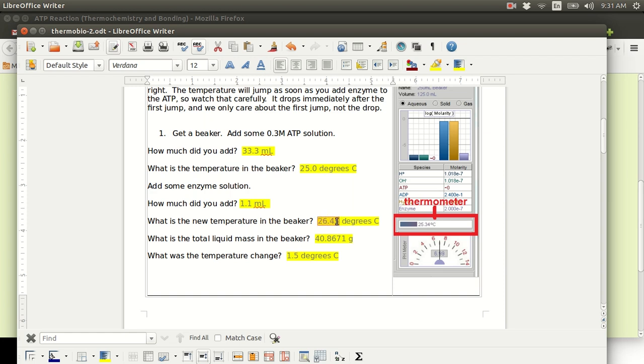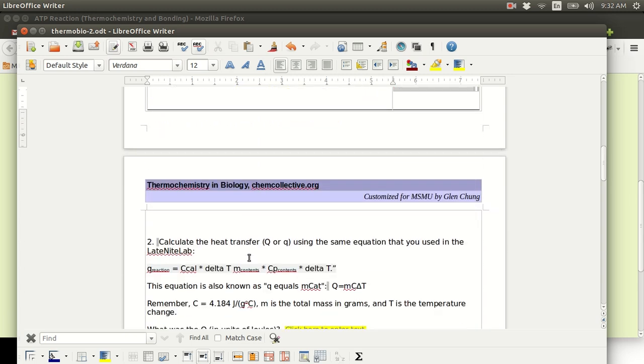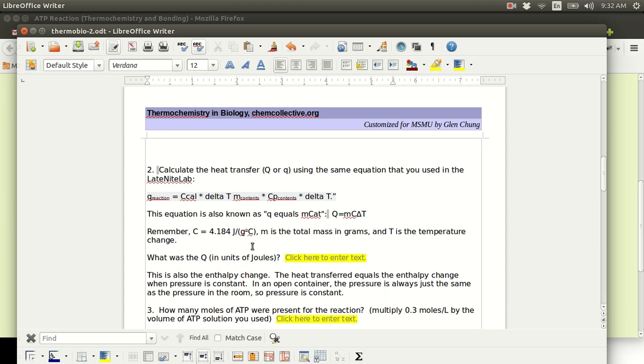This number is exact to the hundredths place. This number is exact to the tenths place. Therefore, the answer should be exact only to the tenths place. All right. That is for adding and subtracting with significant figures.